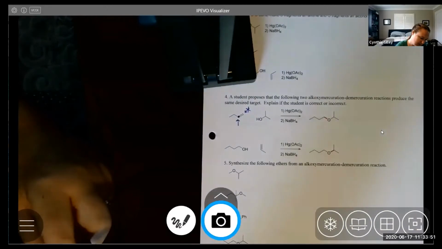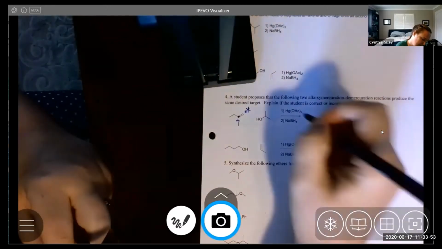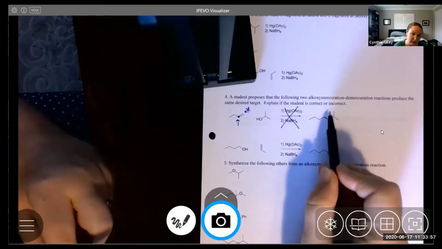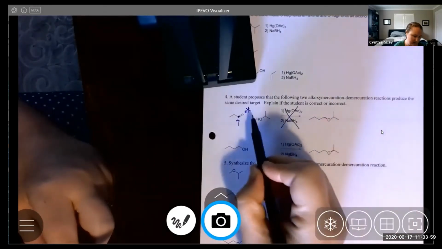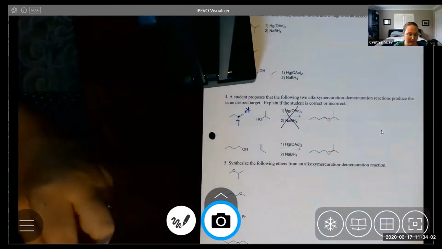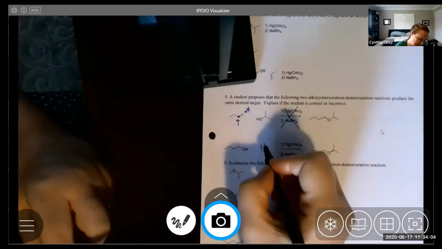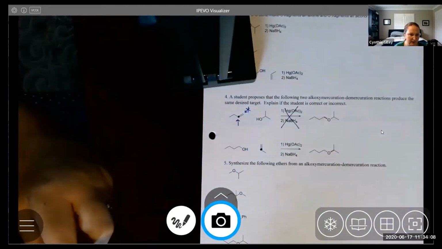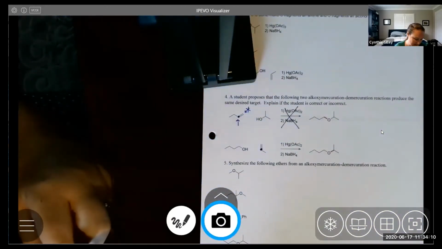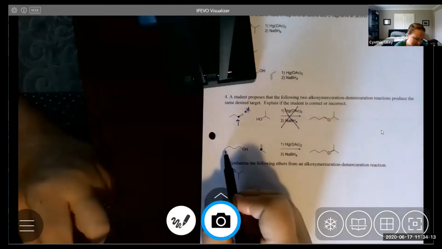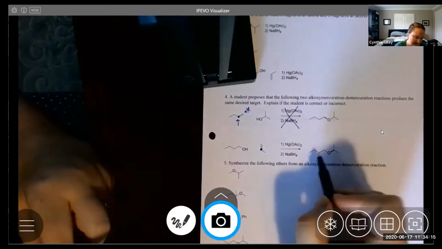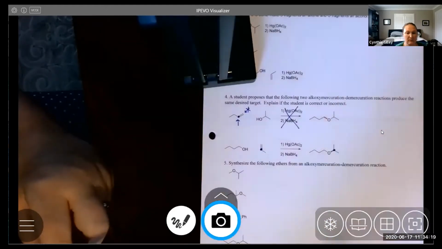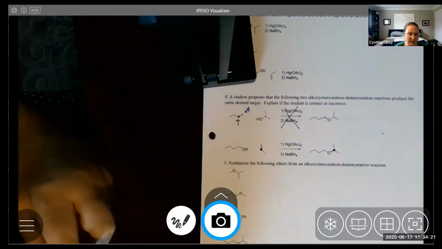This one doesn't work because this assumes that the alcohol group can be installed on the left of it. Over here, we have the more substituted carbon and the alkene is this one. That means the alcohol would get installed there. So if we use butanol, then it becomes a butoxy group at this carbon. That one would actually work. So this one works.